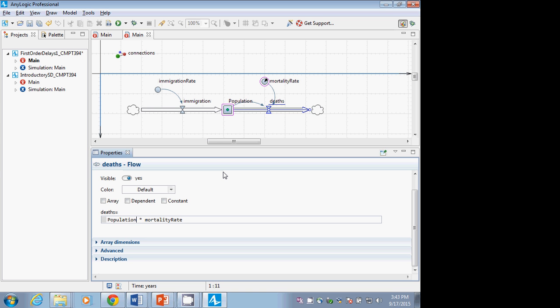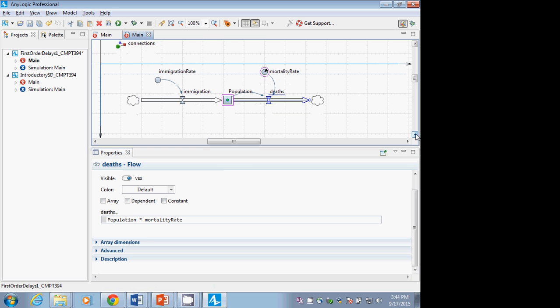And what I'm telling you is that the dynamics of the stock and flow model depend purely on the net inflow. When I say net inflow, what do I mean for this particular case? Immigration minus deaths.